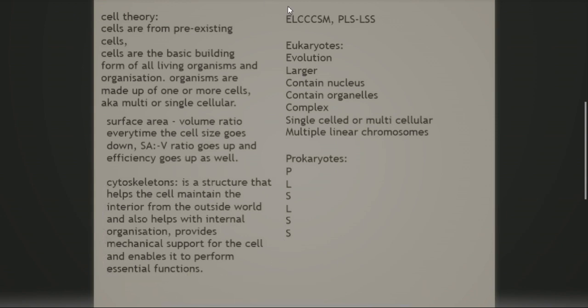Now moving on to eukaryotes and prokaryotes, you'll be able to see that I've made two different abbreviations over here, and this is ELCCSM, triple CSM. So this is the way I choose to remember it, and for prokaryotes, this is the way I choose to remember it.